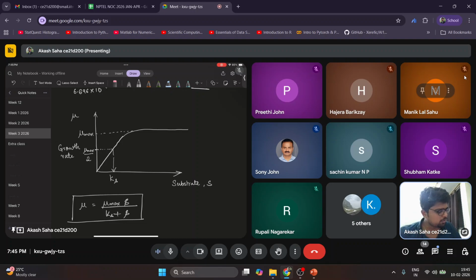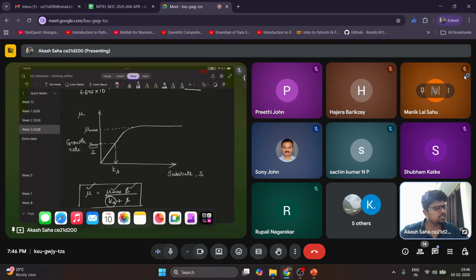So Ks is that substrate concentration at which the growth rate is half of the maximum. Always remember this is the half saturation constant.